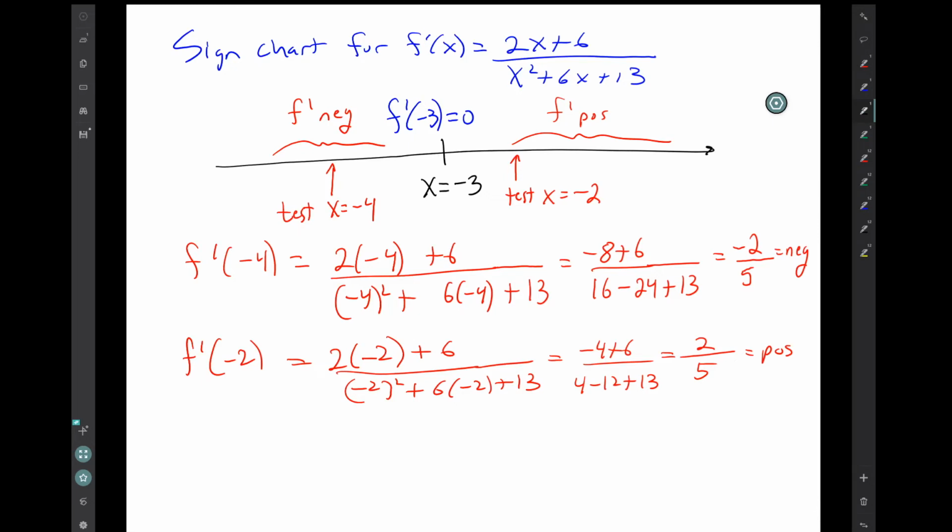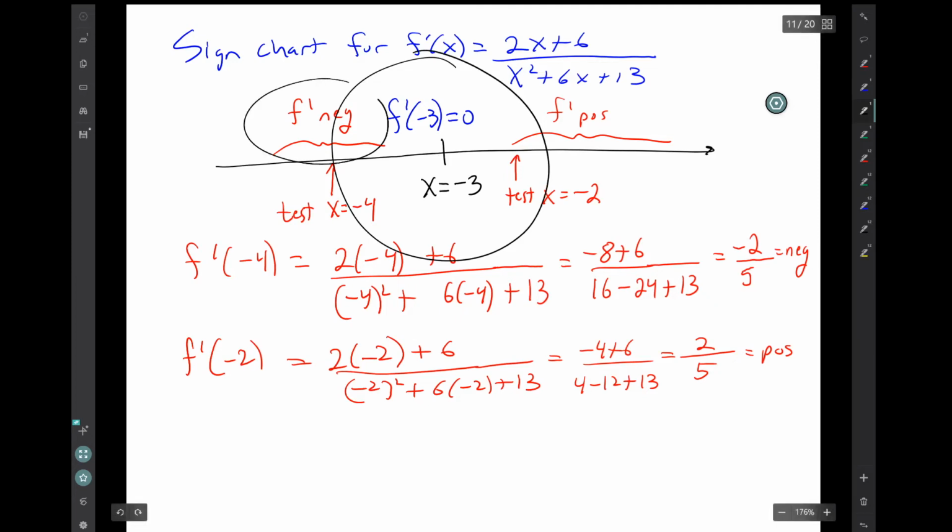Now remember, we're supposed to find the local extrema, so we'll use the first derivative test. Remember, the first derivative test is this. We have to find the places on the graph where the sign of f prime changes from negative to positive or positive to negative, and where the y value on the graph of f exists. Well, we see that at x equals negative 3, f prime changes from negative to positive, so that means that f changes from decreasing to increasing.